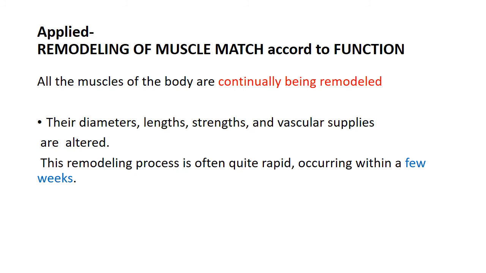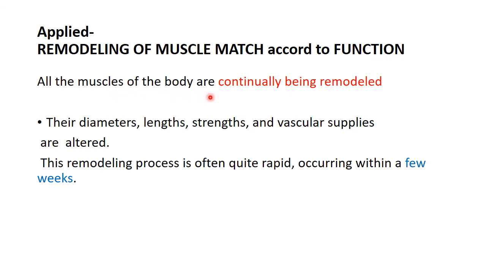So the forces developed inside the muscles are different in each situation, at different lengths and in preloaded or afterloaded conditions. An important point to remember is that remodeling of the muscle occurs and matches according to the function of the muscle.